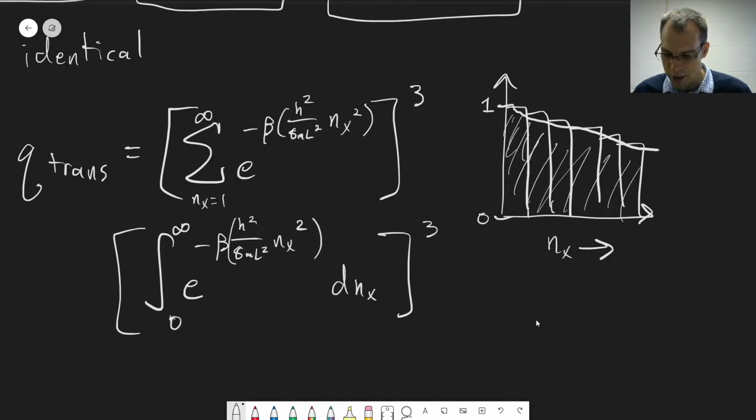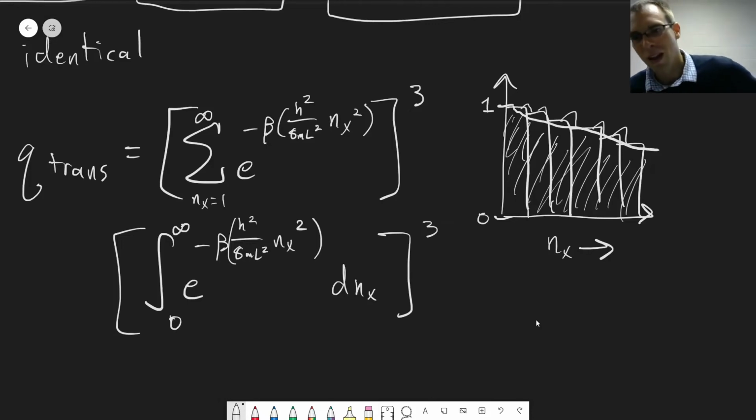The area under this curve is basically the same as the area of all these bars added together. The fact that these values are very close to each other from one to the next means that making this approximation that nx is continuous instead of discrete is a good approximation. Hopefully my drawing makes sense. You can look at figure 18.1 in your textbook if you want to see a better version of what I have here.